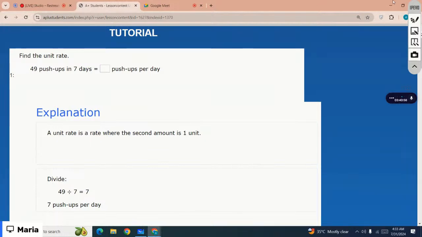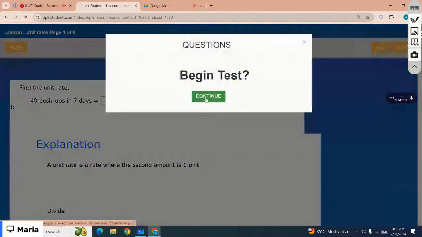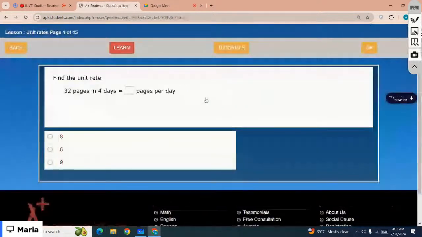Okay, let's just start with the test questions. You need to calculate the price of one item, right? 32 pages in 4 days. So how many pages per day? You have to divide 32 by 4 to calculate the pages per day, right? So 32 divided by 4 is 8, because 4 times 8 is 32.